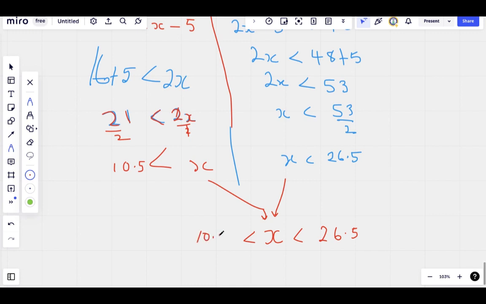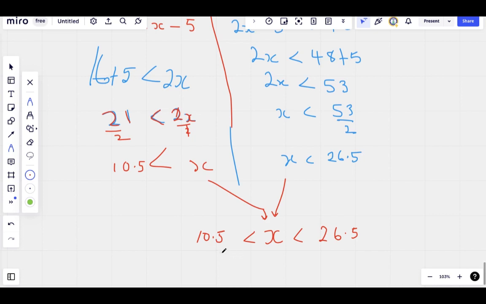And the question says we should find the prime numbers, right? So we're going to list all the prime numbers between 10.5 and 26.5.